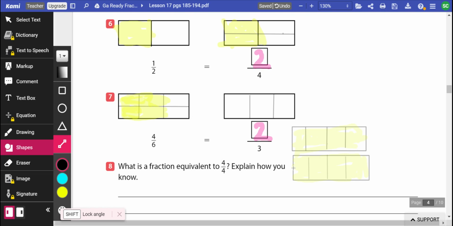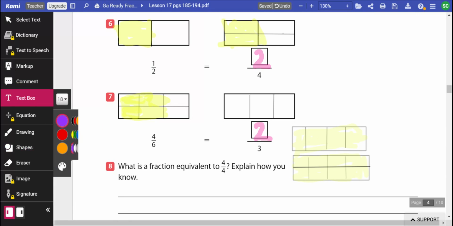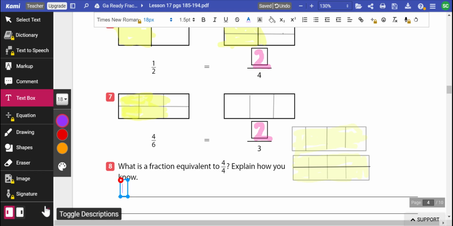I'm just going to do a line right across the middle because that'll split each of my fourths. So now, instead of 4/4, what do I have? I have 1, 2, 3, 4, 5, 6, 7, 8. And all 8 pieces are shaded, so 8/8.